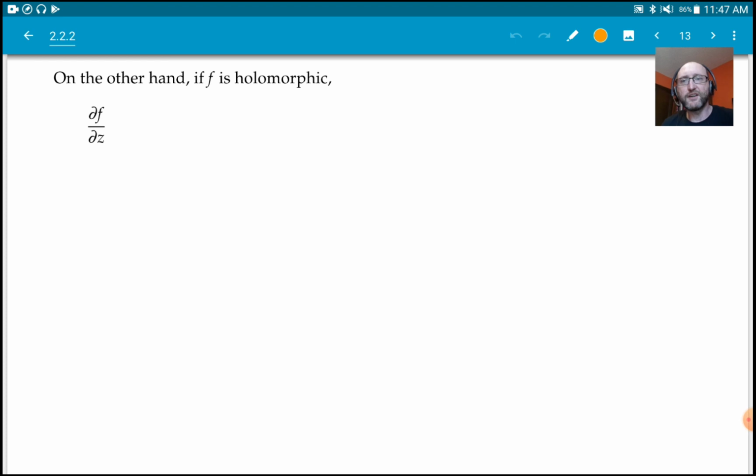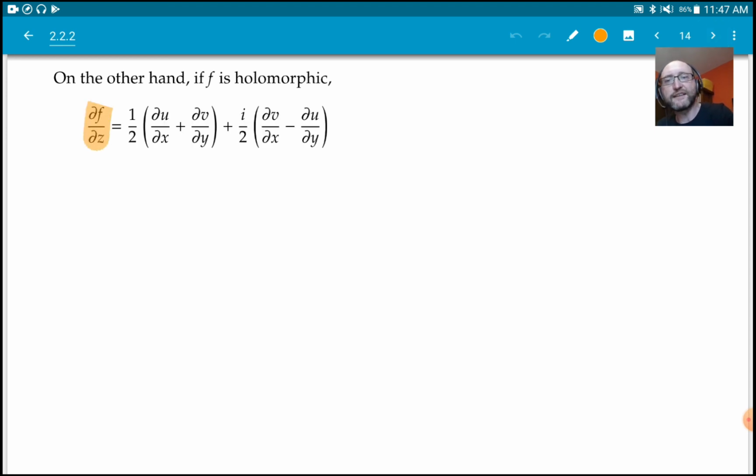So, all right. On the other hand, let's look at the z derivative, and let's suppose that f is holomorphic, right? So let's suppose that f satisfies the Cauchy-Riemann equations, right? So then if we look at the z derivative, again, I just apply it, just like before, and I group the real and imaginary parts.